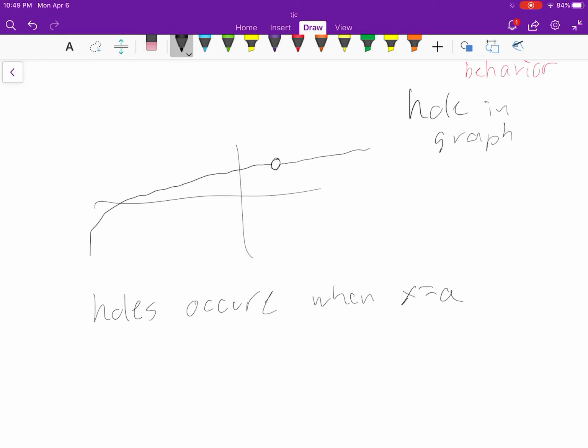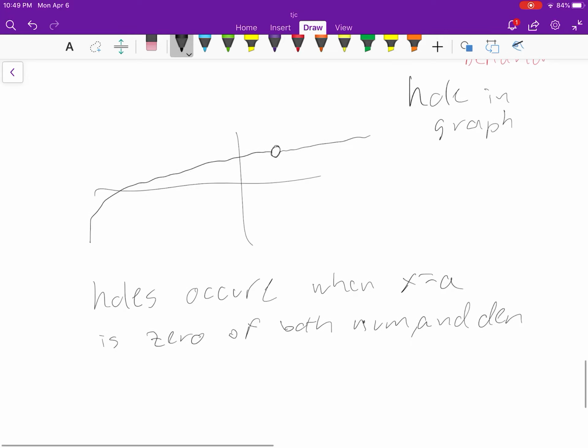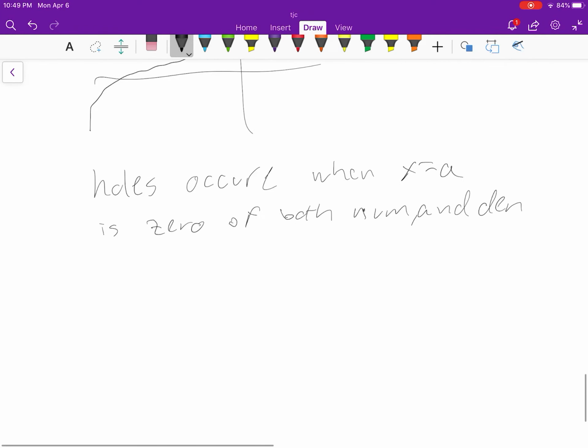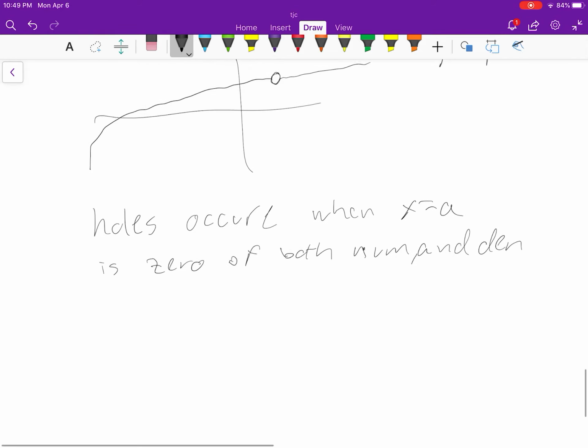A is a hole. When x equals a is a 0 of both the numerator and the denominator. So that's when you get a hole. If you don't have a hole, however, you have this asymptotic behavior where it's spinning off to infinity. Okay.